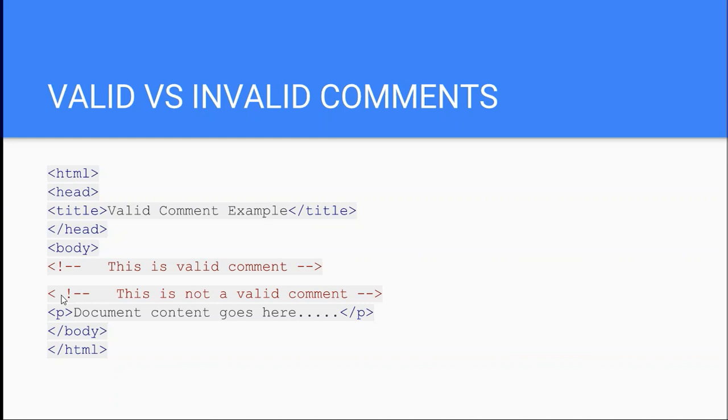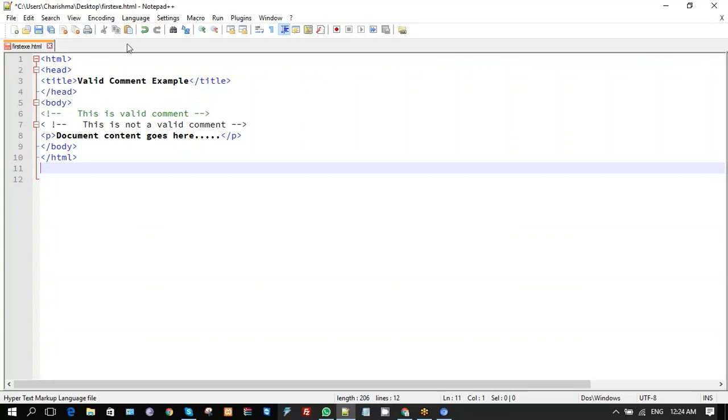What if you write an invalid comment? What happens? Let us execute this code and see what can go wrong. So I wrote the code here. You can see the color difference between these two codes when it is not a valid comment. It is showing in a regular font color, black. But when you write the code correctly, it should look in a different color, because that depends upon the text editor that you are using.